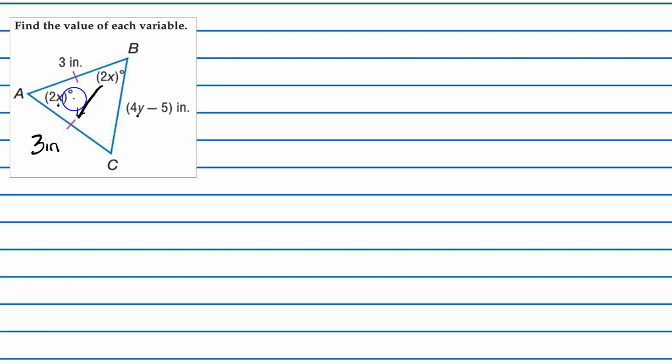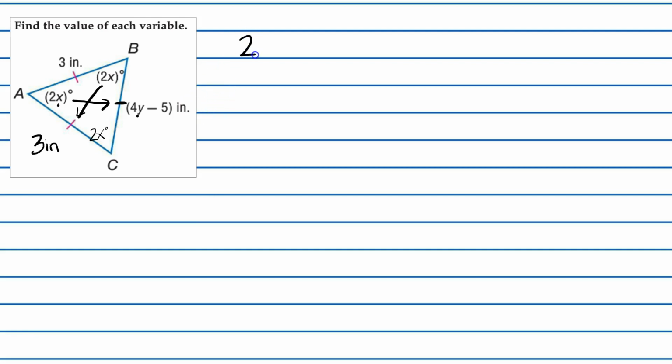Because we have 2x on both of these angles, looking across from here, side BC is also congruent to AB and side AC. So actually, angle ACB is also 2x degrees.